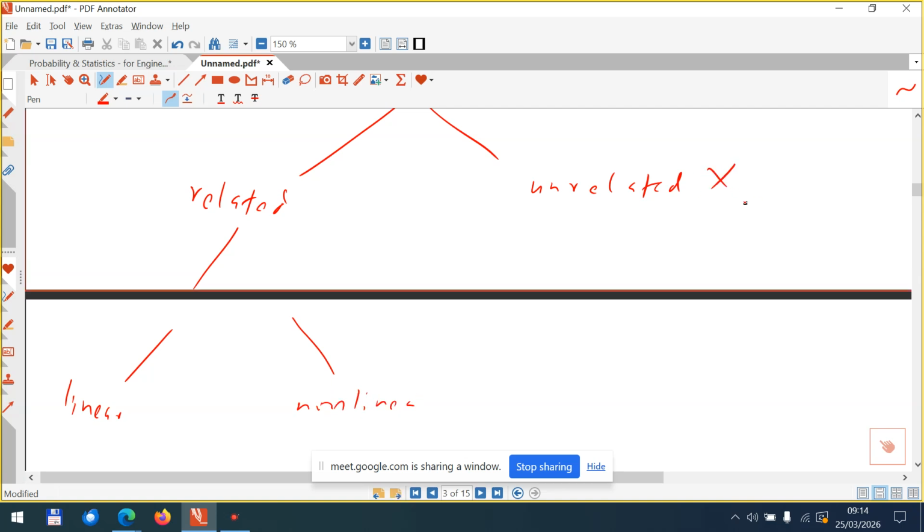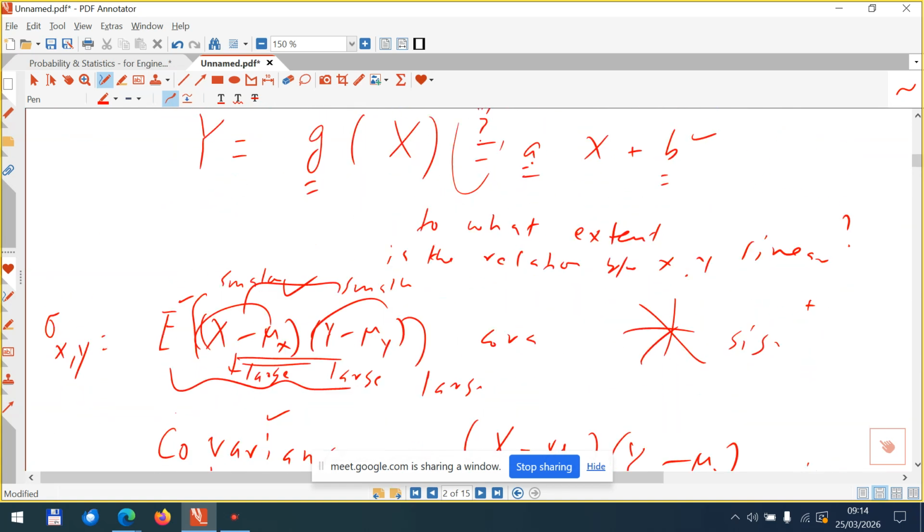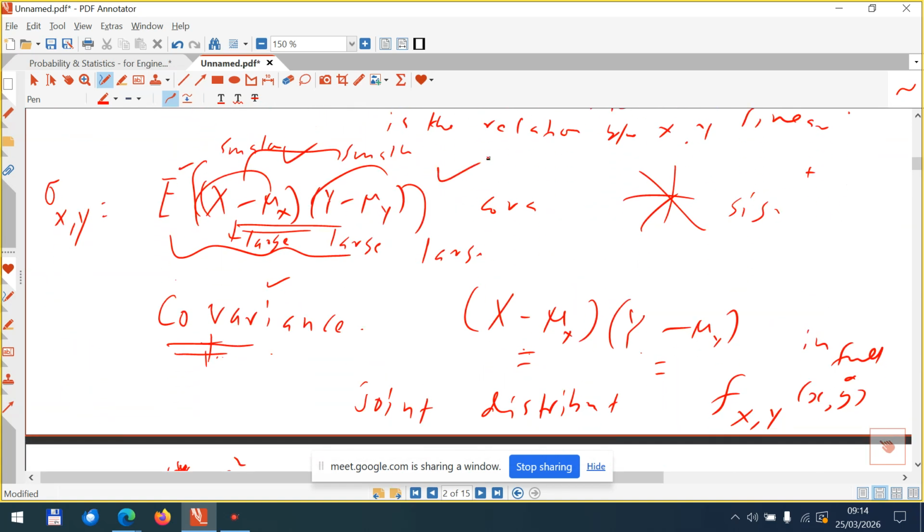We are not looking for non-linear. We are only looking for linear. When we choose the definition of covariance in this way, we expect this quantity to be large only when x and y are linearly related. I think that's enough motivation for the definition.